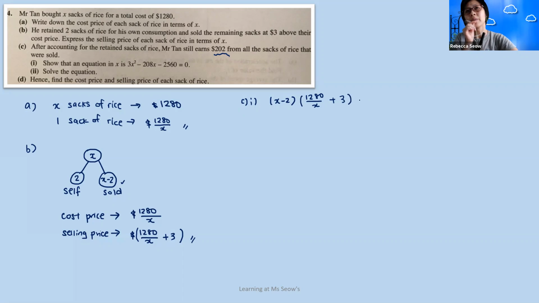And from there, we subtract the amount of money he actually paid to buy the rice, minus 1,280. And this will give him his earnings.